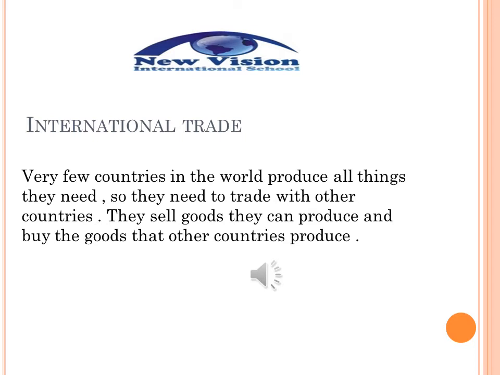A T-shirt may be made in China or Bangladesh or India. So very few countries in the world produce all the things they need. So they need to trade with other countries. They sell goods they can produce and buy the goods that other countries produce.